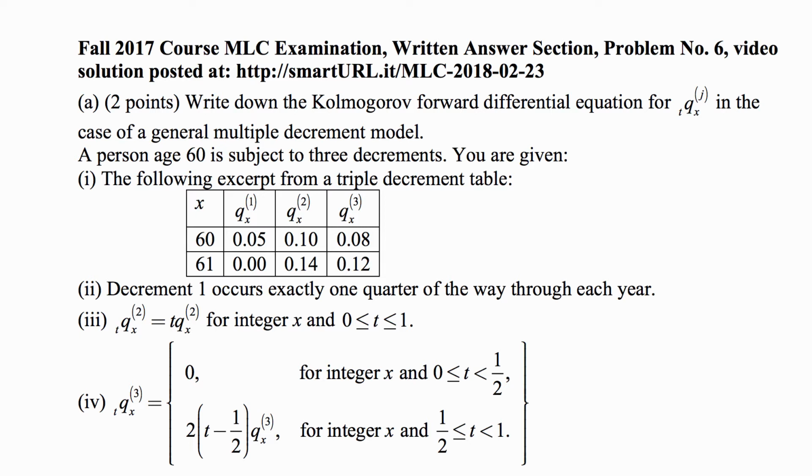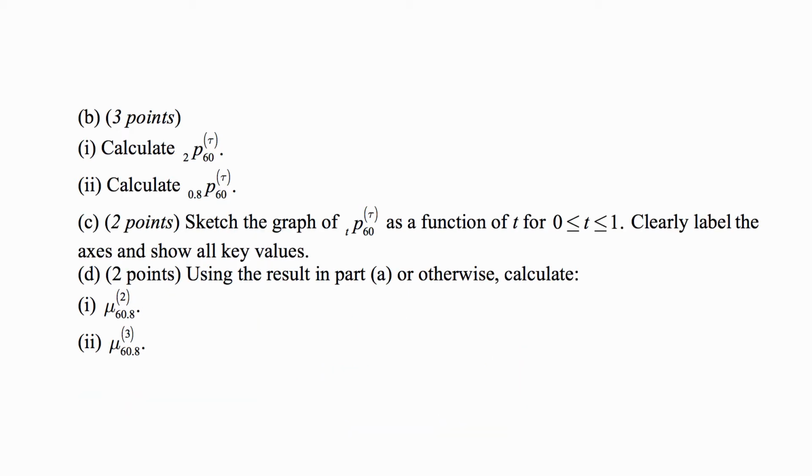The probability of departure from decrement 3 is 0 for t between 0 and 1/2. And then it's 2 times (t minus 1/2) times q x upper 3, where q x upper 3 is the probability of decrement over the whole year. And this is only for t between 1/2 and 1.